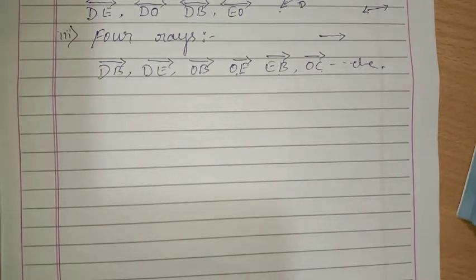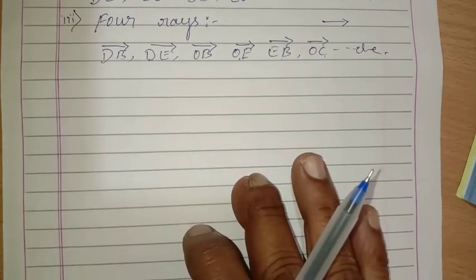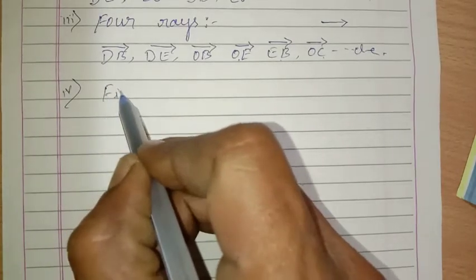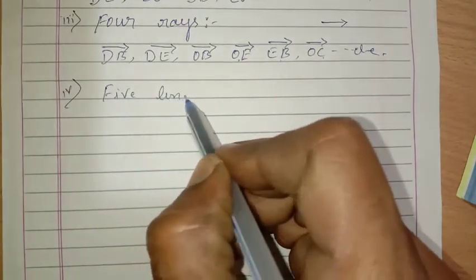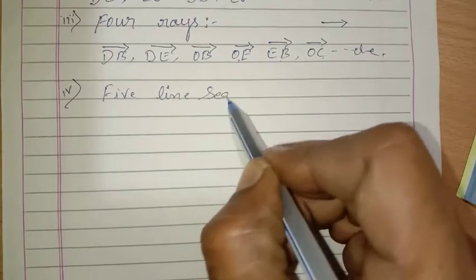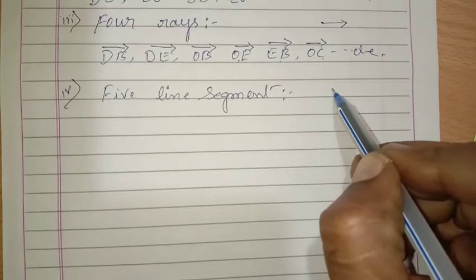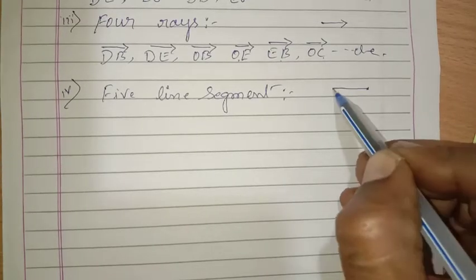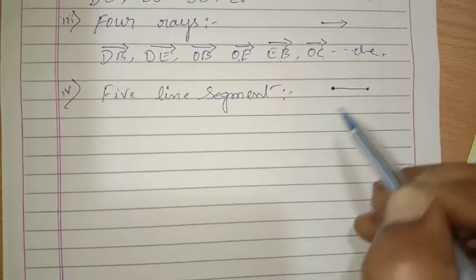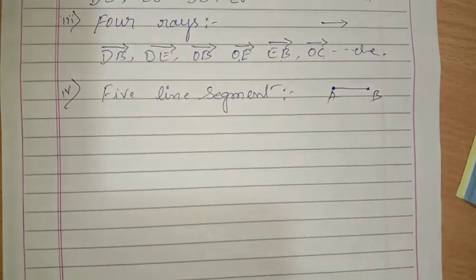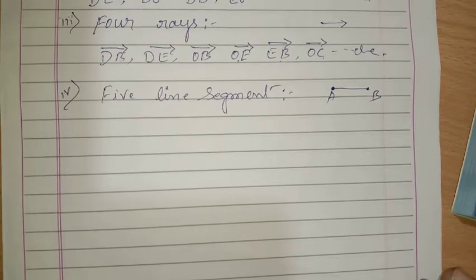The next one, the fourth, is about line segments. A line segment is one that has points at both ends of the line. That is called a line segment. AB is a line segment. In this way many answers are possible.